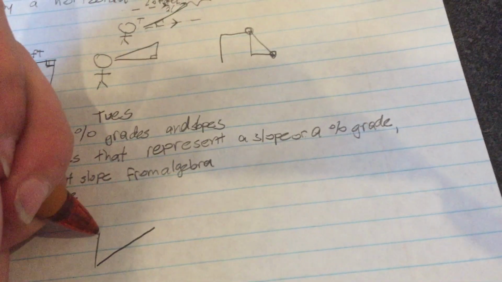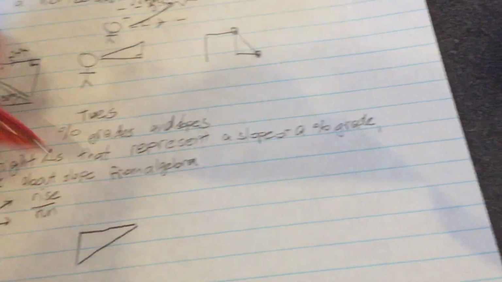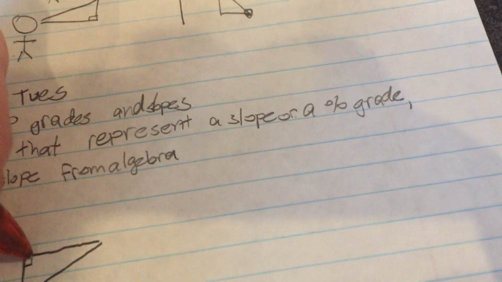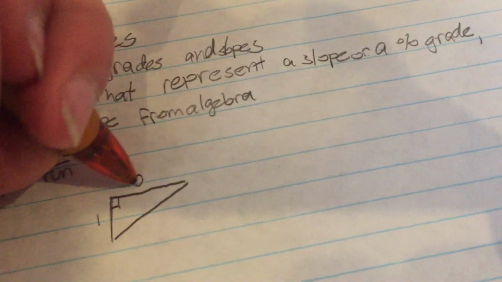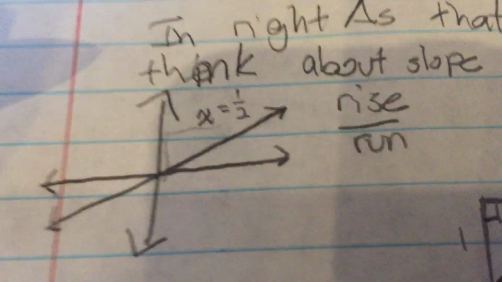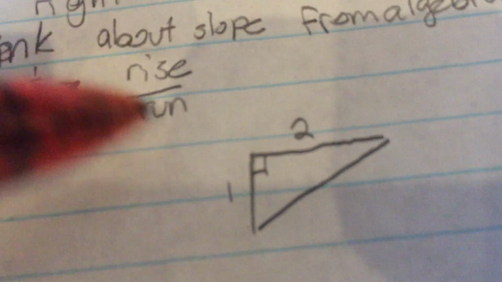Rise over run. So we got this line, and then we actually draw it out, so this is the same line as that, but we just took it out. Rise over run creates a right angle, and since this is the rise, this is 1, then this is 2, right? So the slope will give you these side lengths. It may also come as a percent, like 50%.